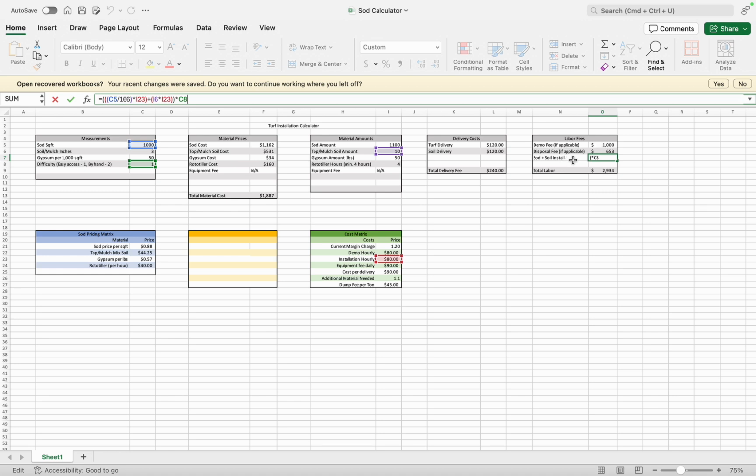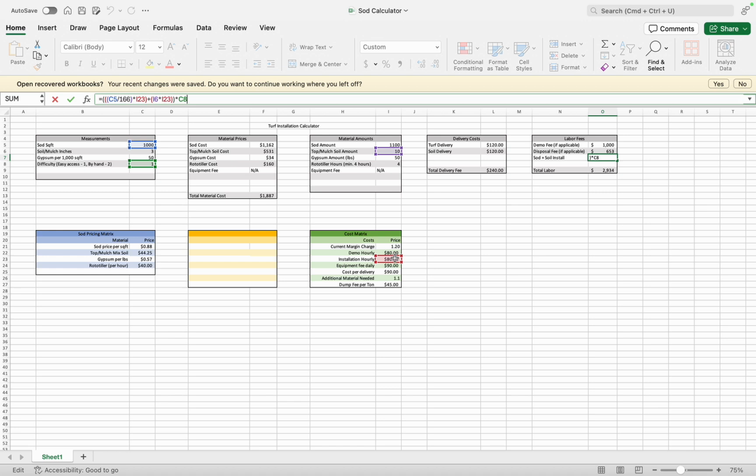And this is why I said sod plus soil, because we have a different equation for soil. For our soil, we actually multiply the amount of soil we're bringing in. So that's 10 yards, 10 tons, and we're multiplying that by the hourly because believe it or not, our guys install about a ton or a yard of dirt per man hour with a machine.